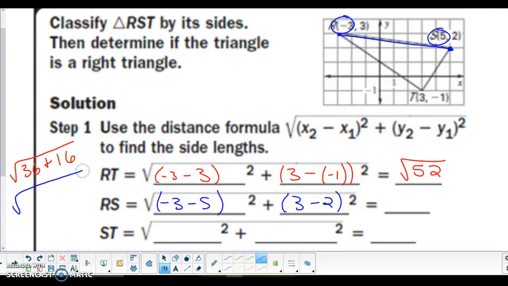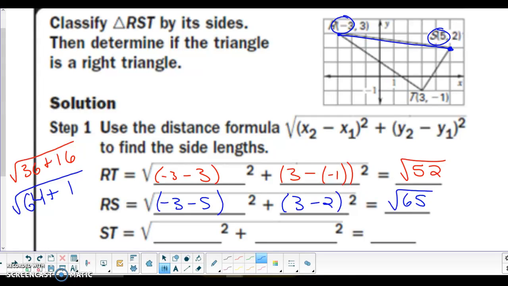When we simplify that, -3 minus 5 is what? Times itself? 64. Plus 3 minus 2 is 1. 1 squared is 1. So 64 plus 1 is the square root of 65.